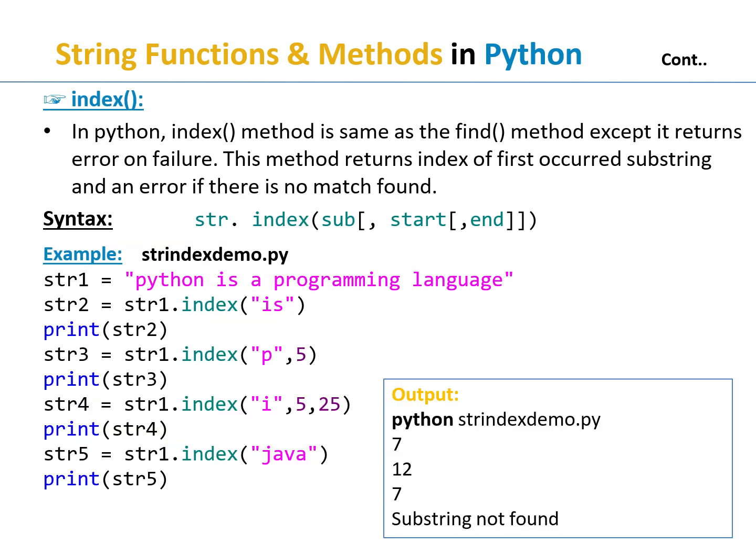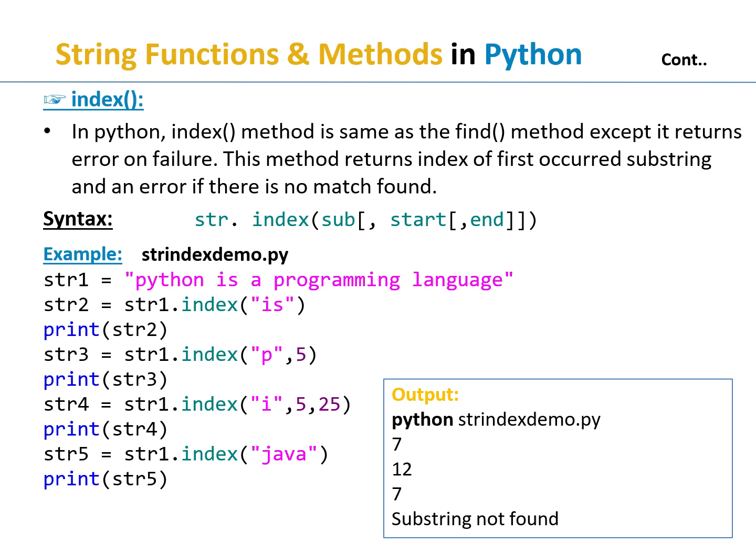Another method is index. In Python, the index method is the same as the find method, except it returns an error on failure. This method returns the index of the first occurrence of the substring, and raises an error if there is no match. The syntax of index is str.index(sub, start, end).